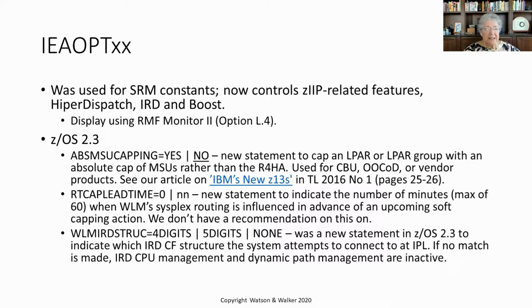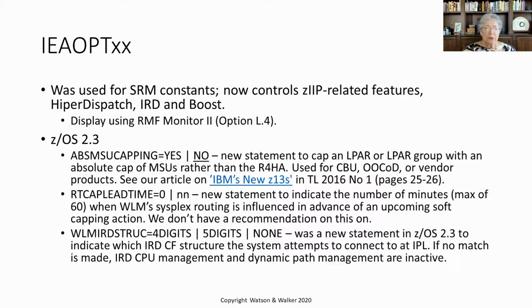Now, let's get into the PARMLIB members themselves. In general, what we'll do for each PARMLIB member is we'll indicate what it's used for. We'll indicate how you can look at your own settings. And then what was new in 2.3 and 2.4. So OPT used to be used for SRM constants.